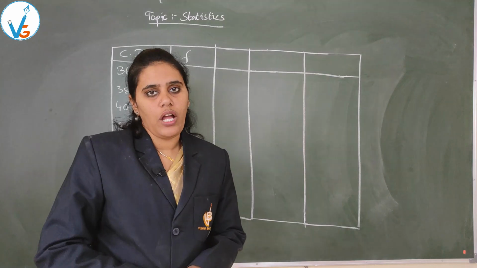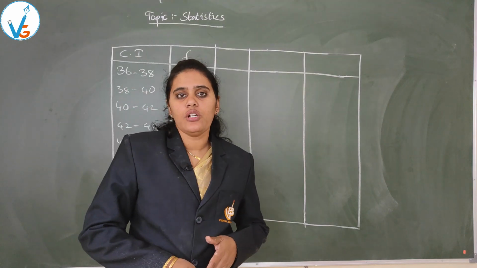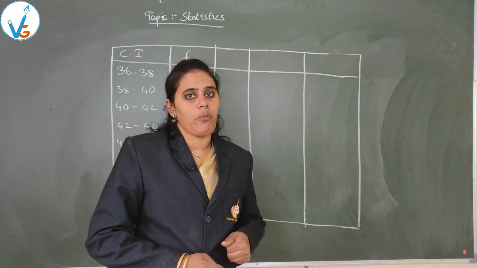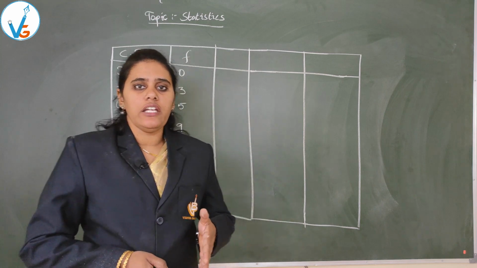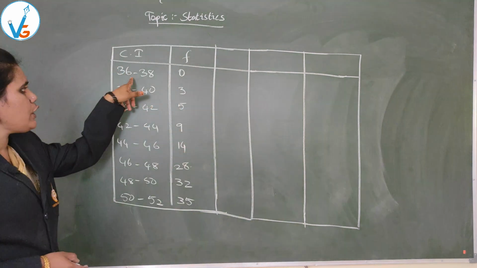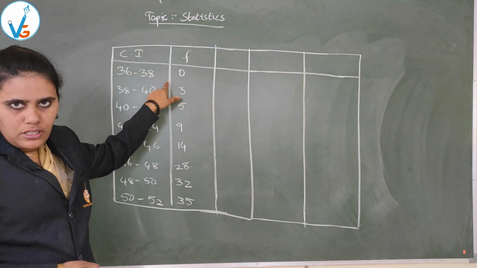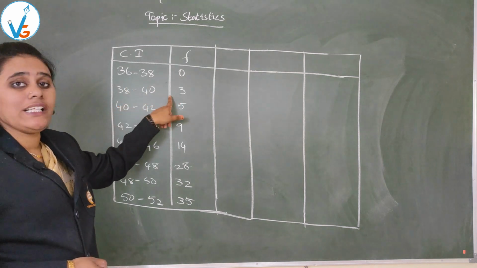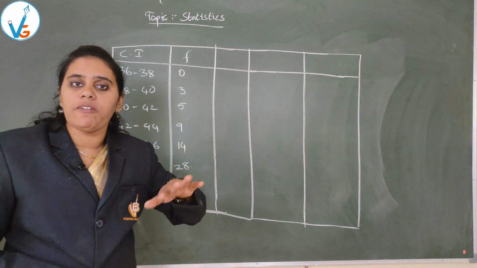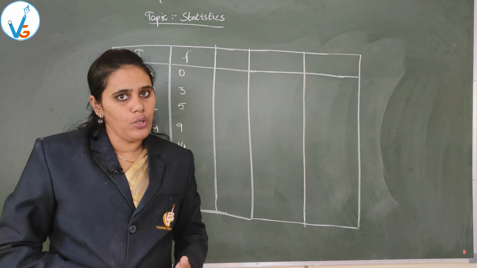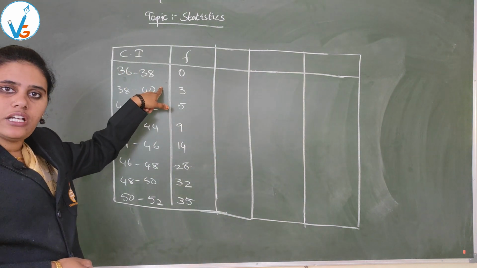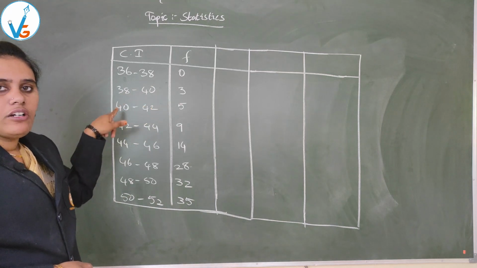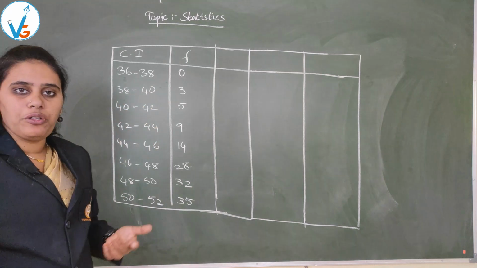Okay? Now I'll explain how to draw the ogive curve for the second problem given in your textbook, exercise 14.4. Here in your textbook he has given you less than 38 and next less than 40, meaning the difference between those two is 2. So we will take our class intervals from 36 to 38, 38 to 40, 40 to 42, 42 to 44.